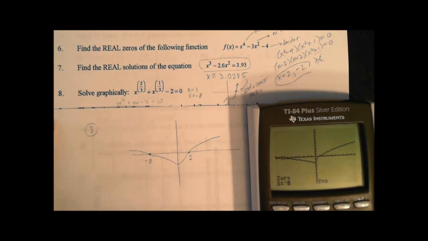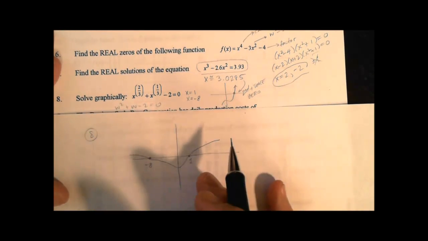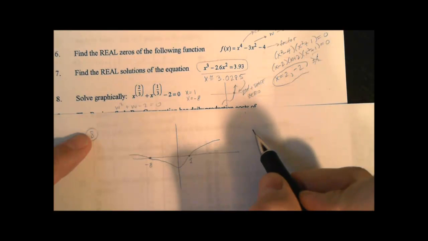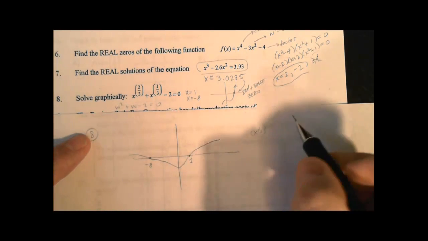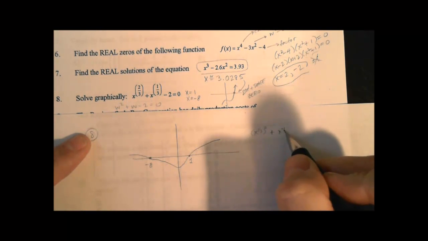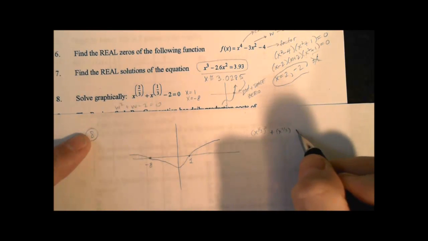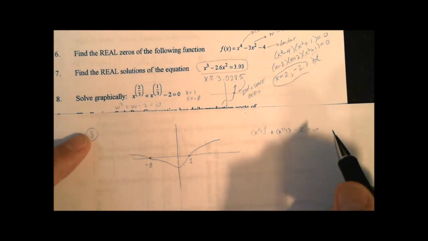Not the prettiest picture, but it's decent. And again, solving algebraically, if you notice that this is x to the 1/3 squared plus x to the 1/3 minus 2 equals 0.